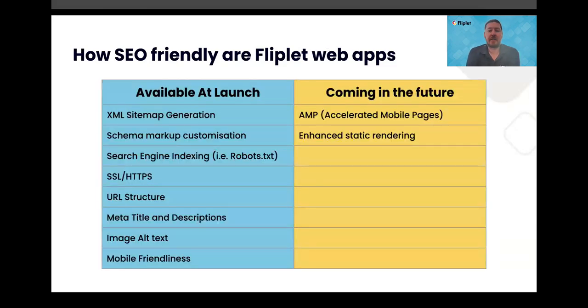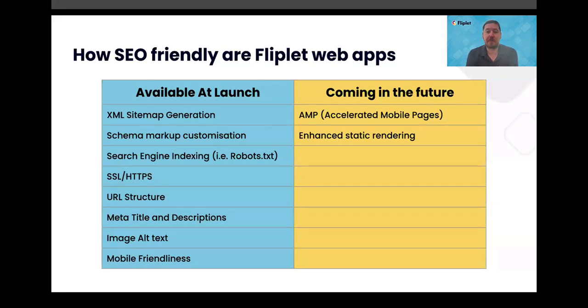So how friendly are our web apps at the point of launch and then in the future? Available at launch, you'll be able to have XML sitemap generation. This is a crucial part of what search engines look for. They give you a framework of the pages that are available. Schema markup customization.